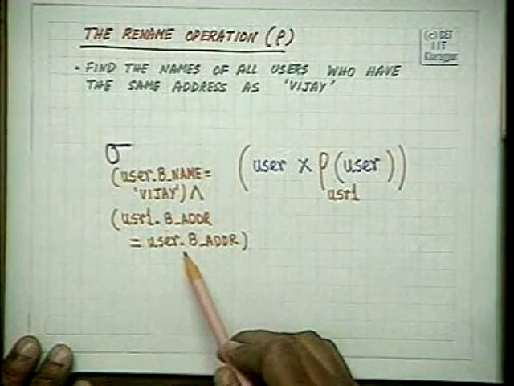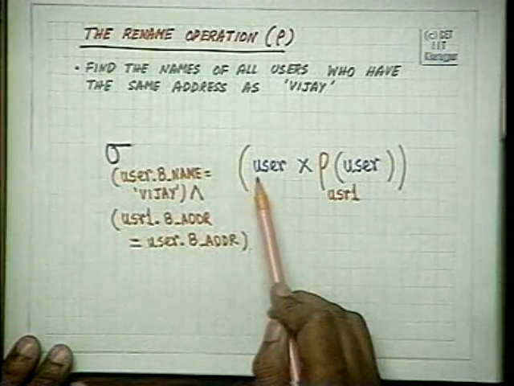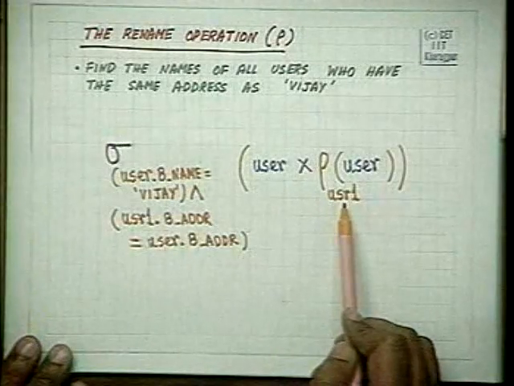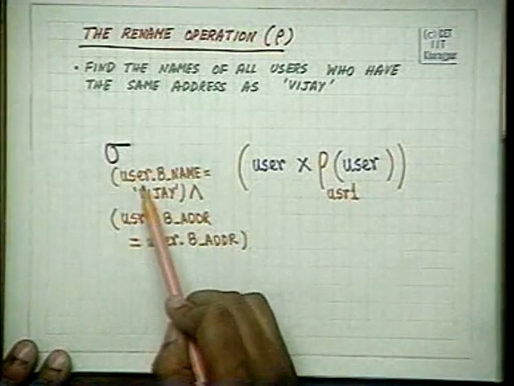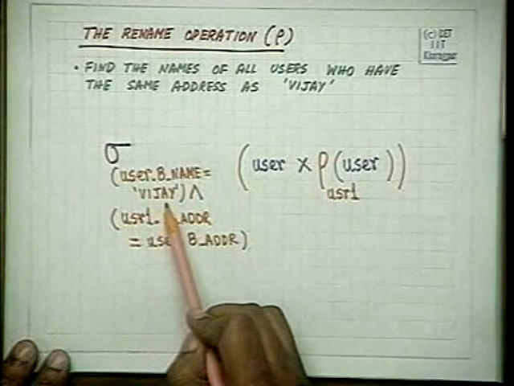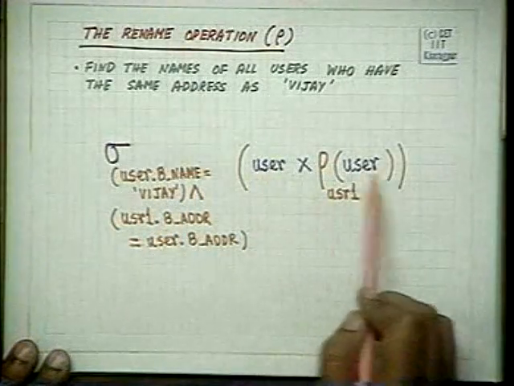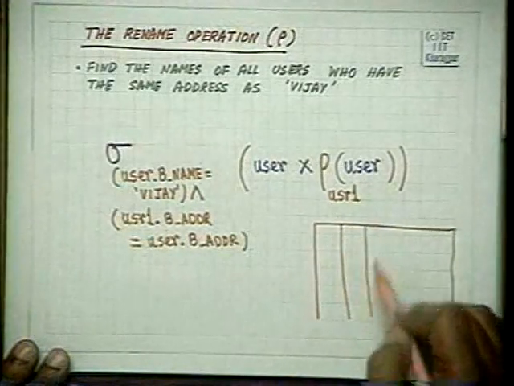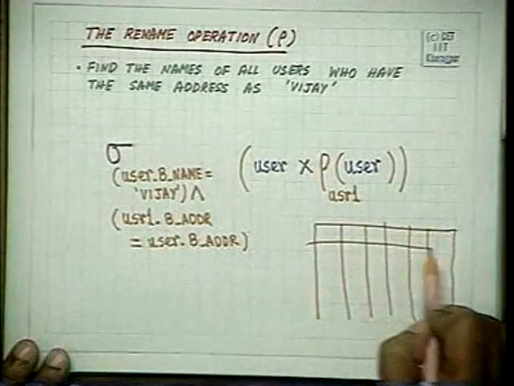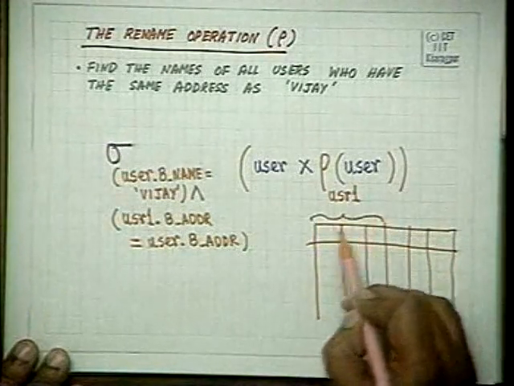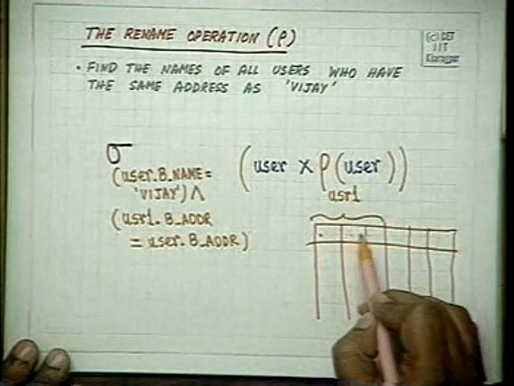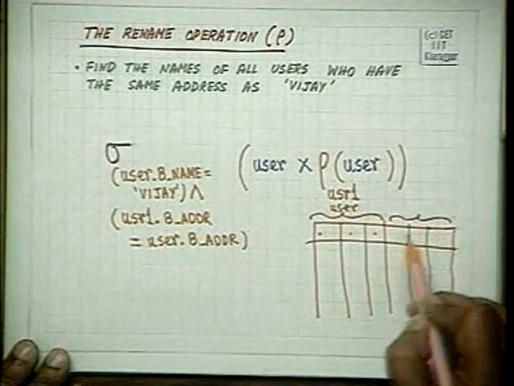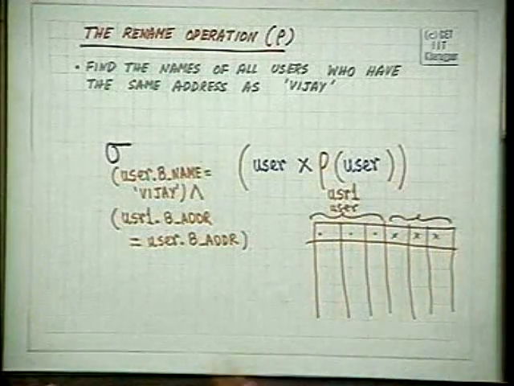So at this point, from this user and USR1, we have got a tuple in which we have extracted out those whose names are Vijay. This has got 6 attributes: three attributes corresponding to card number, name, address of user, and 3 attributes corresponding to card number, name and address of USR1.